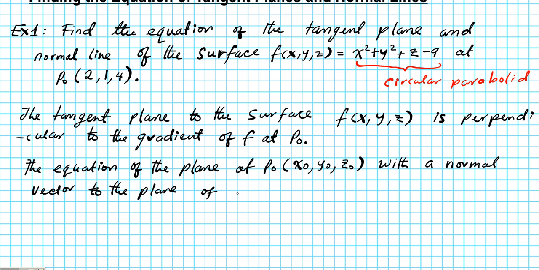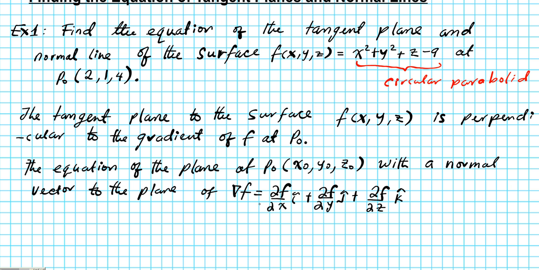The normal vector is basically going to be the gradient of f, because it turns out that the gradient is always normal to the tangent plane. So the normal vector is del f, which is equal to partial f partial x in the i direction, plus partial f partial y in the j direction, plus partial f partial z in the k direction.